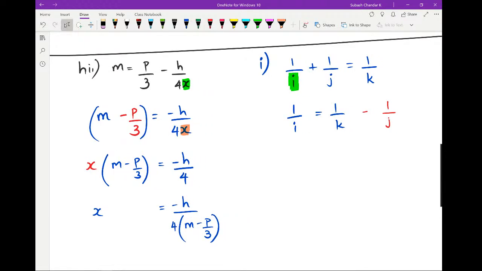Now, at this point, what Ansh actually did was treat this as one term and rewrite it as this entire bracket thing divided by 1. So Ansh just flipped the bracket and wrote it as 1 over k minus 1 over j, which in all honesty, there's nothing wrong with it.